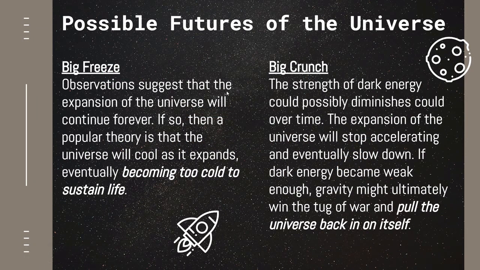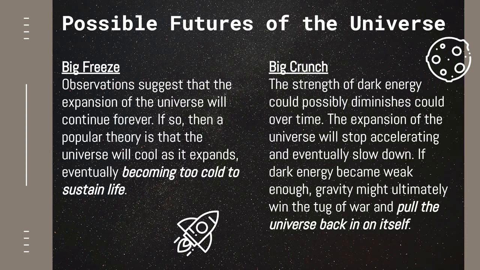So here are the possible futures of the universe. Scientists try to determine what could be the fate of our universe, and these are their three theories. The first one is the Big Freeze. They say that observations suggest that the expansion of the universe will continue forever. So from the Big Bang up to the expansion of the universe, it will just continue forever.